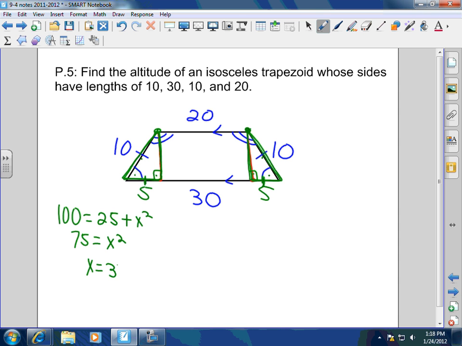X equals 3 square root of, wrong, I was trying to show off. And it's 5 radical 3, sorry, because it's 25 times 3, the square root of 25 is 5. So my altitude is 5 radical 3.